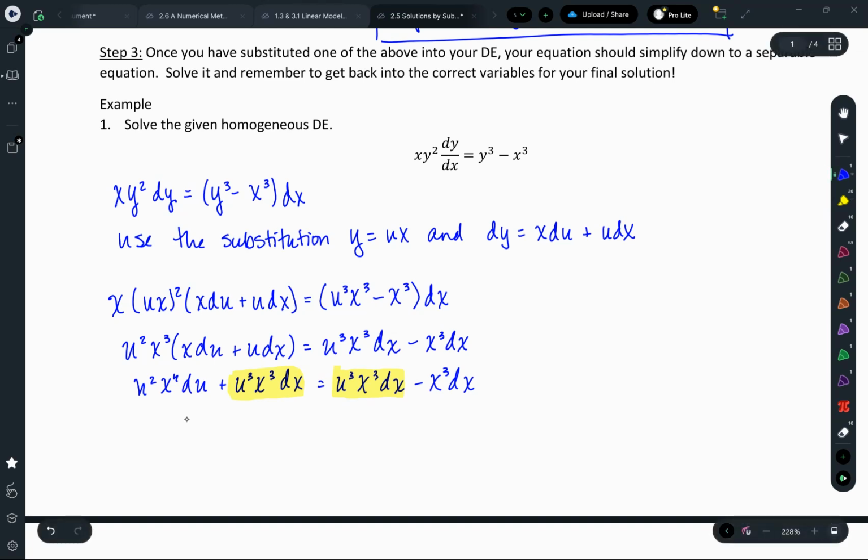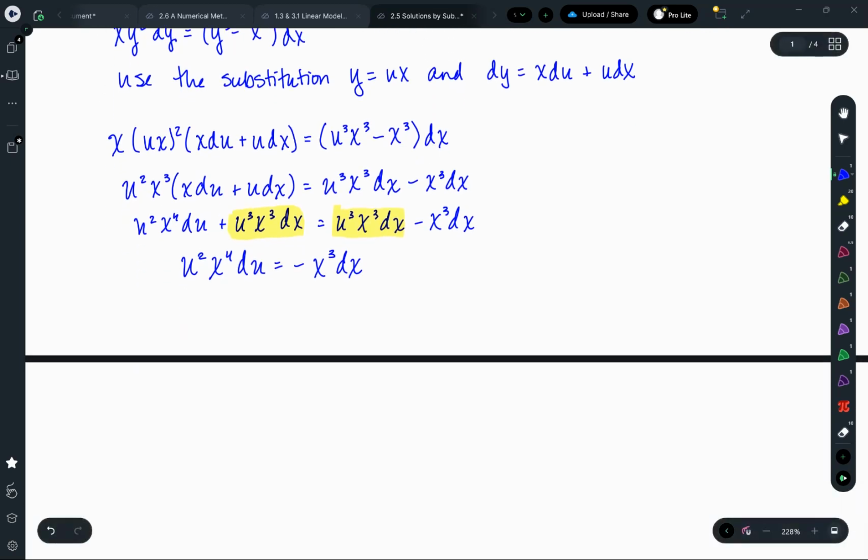Okay, so what I'm left with is u squared x to the fourth du is equal to minus x cubed dx. And this right here is just about where I want to get to. I'm noticing I have a differential du on the left, so I want only u stuff on the left.